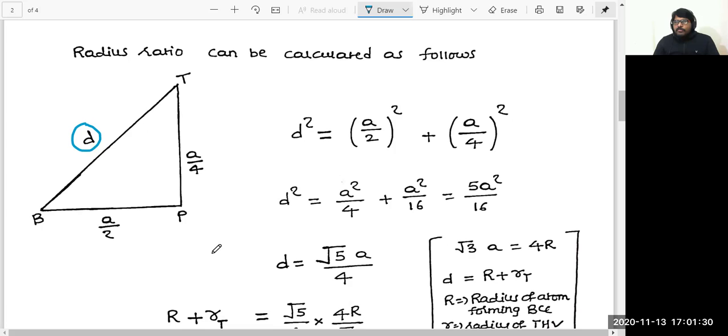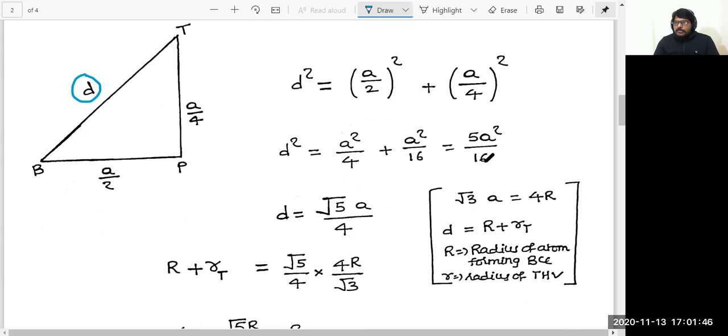Again, from Pythagoras theorem, d square is equal to (a by 2) whole square plus (a by 4) whole square, and this d square is equal to a square by 4 plus a square by 16, which is equal to 5a square by 16, and d is equal to root 5 by 4 times a.